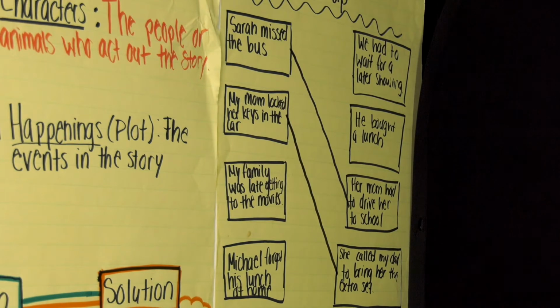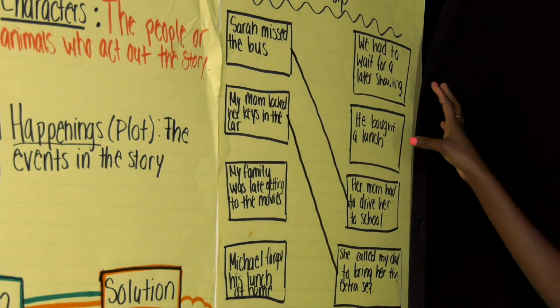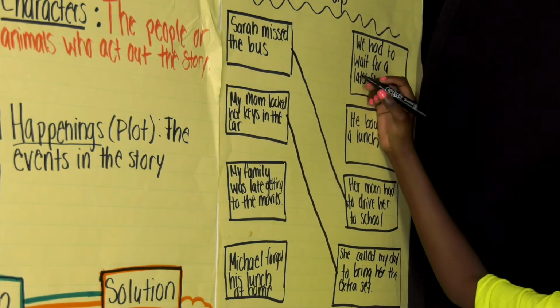The next one, my family was late getting to the movie. So now we have two more choices. Is it we had to wait for a later showing time? Or he bought a lunch?